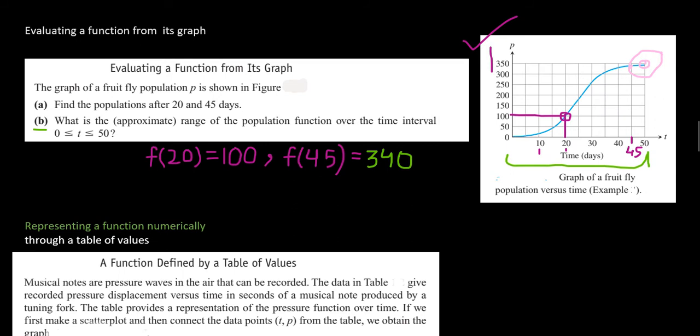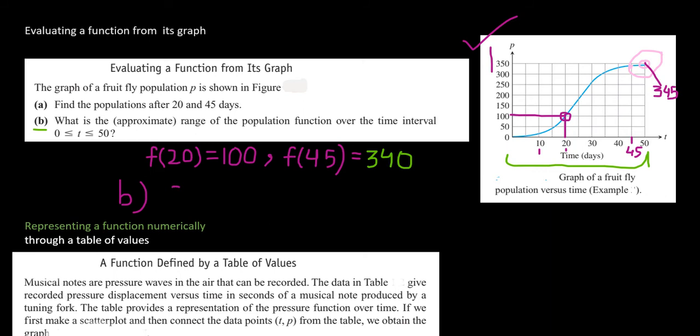So we can say that here lies our 345, because 340 is at 45 days, and when it is crossing the 50 days we have the 345 value.